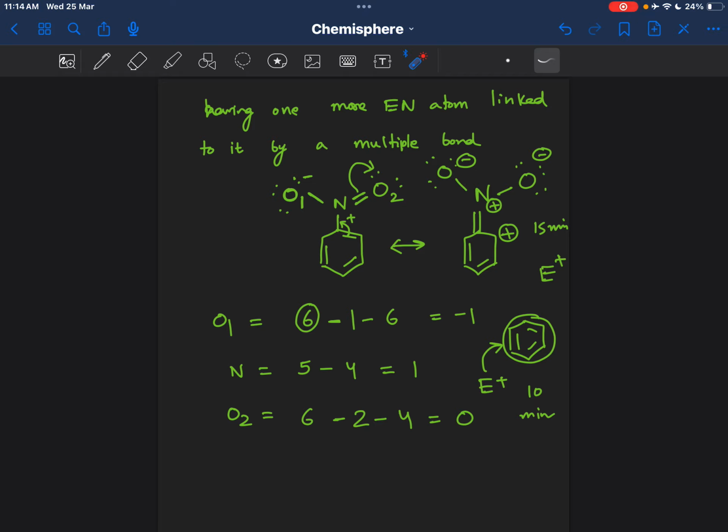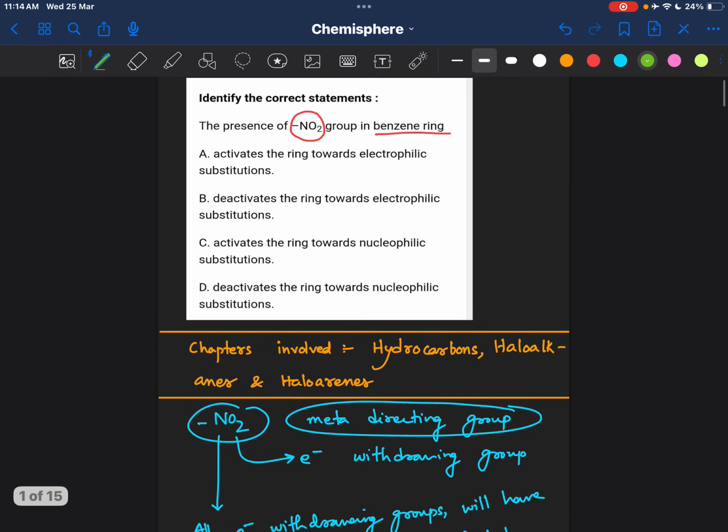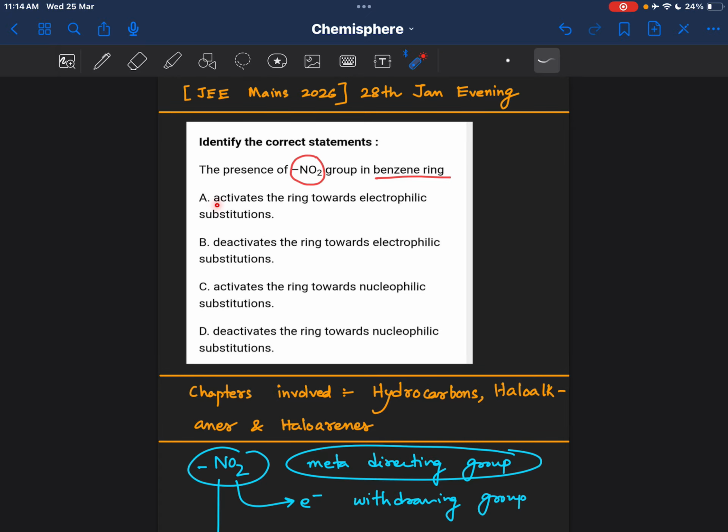So therefore we can say that electron withdrawing groups deactivate the ring towards electrophilic substitution. Okay, so let us look at it: it does not activate. So A is not a correct statement, B is a correct statement. Okay, it deactivates the ring towards electrophilic substitution.